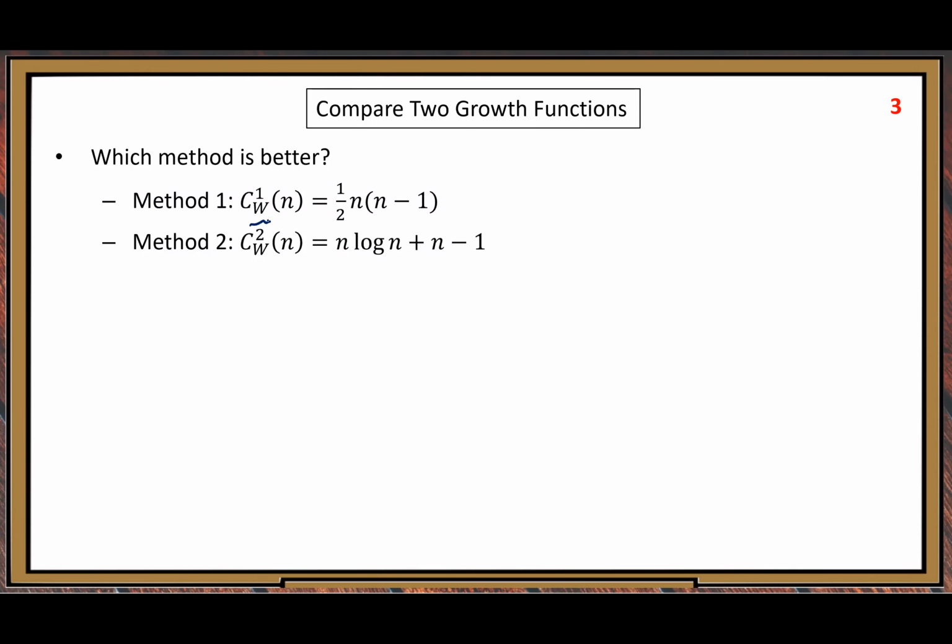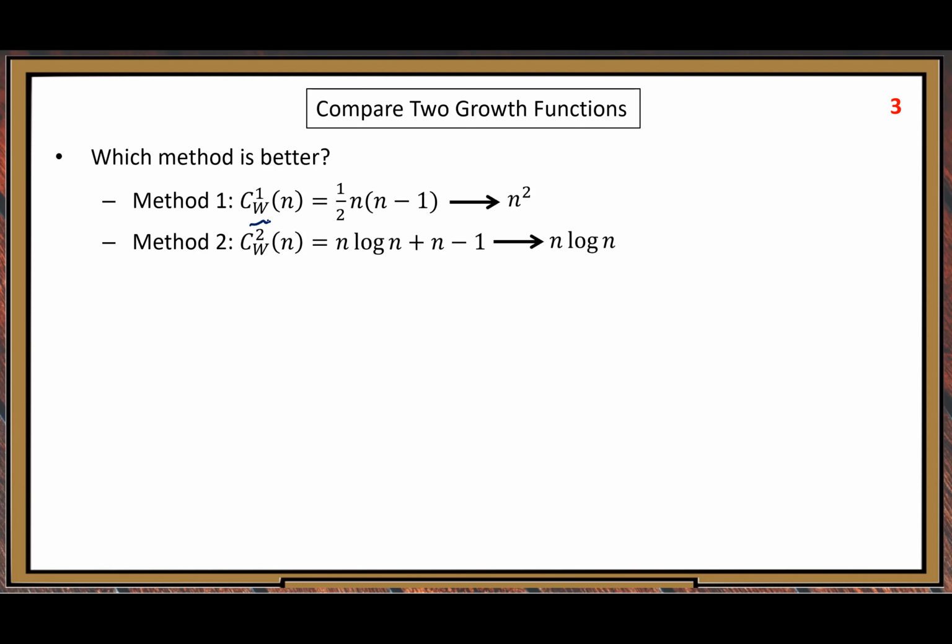These two are the original functions, not the growth functions. So we need to extract growth functions from them first. The growth function of the first method is just n squared. And the growth function of the second one is n log m.